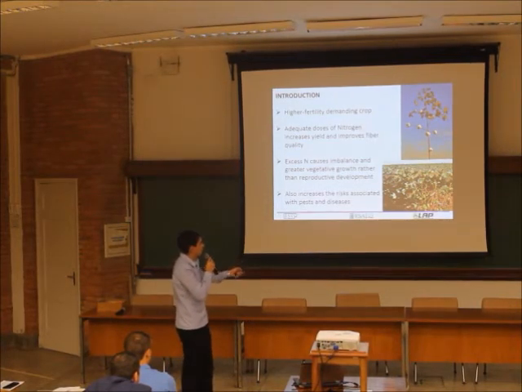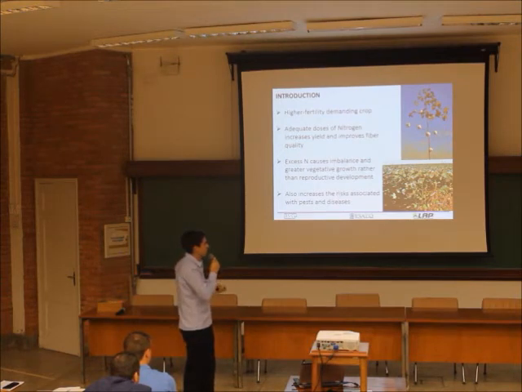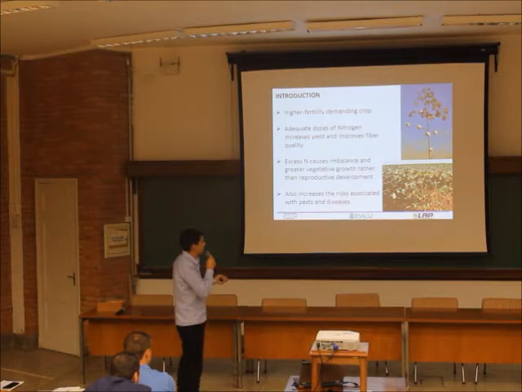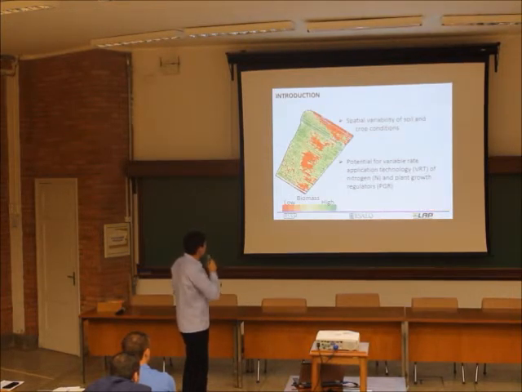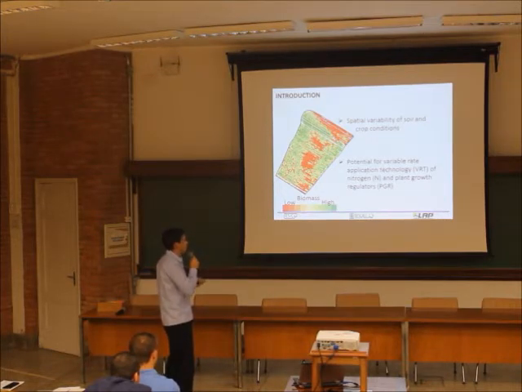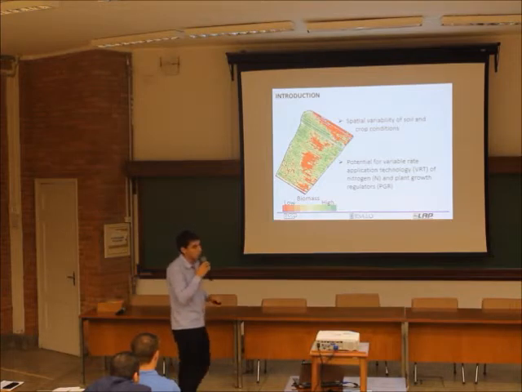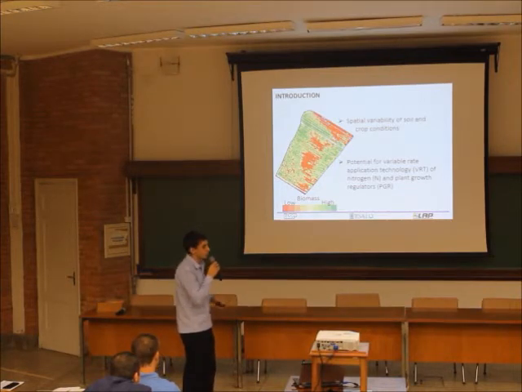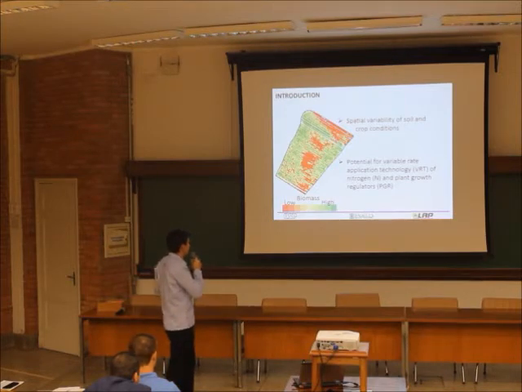In this picture we see where they applied too much nitrogen and we have problems with insects and then fungi. As I said, they tend to use large fields and large farms, and some of them have high spatial variability of soil and crop conditions, yet they tend to treat it all the same, by the mean, as an average.